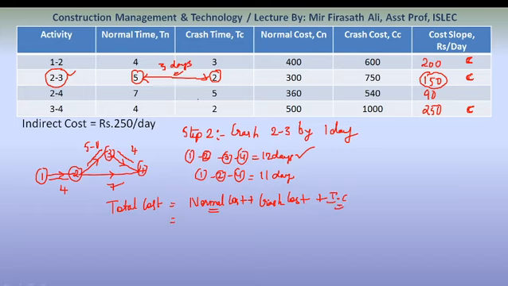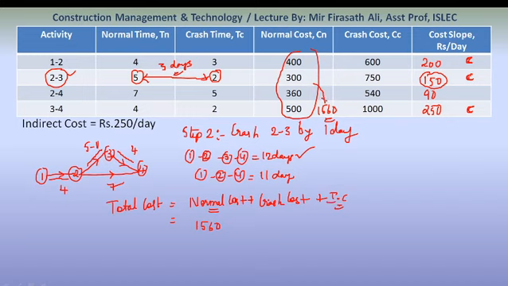Sum of all these activities: 400, 300, 600, 400, 300, 360 plus 500. How much is it? 1200, 1560. If we add this, it is 1560. This becomes our normal cost. Normal cost is 1560.